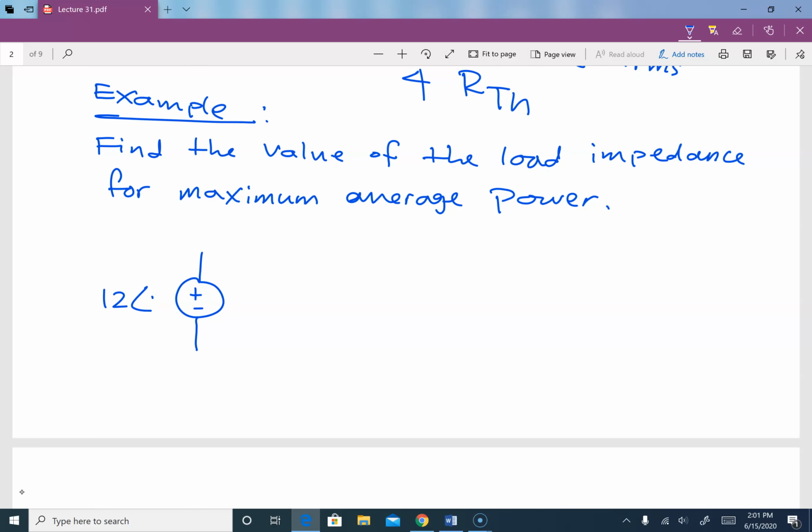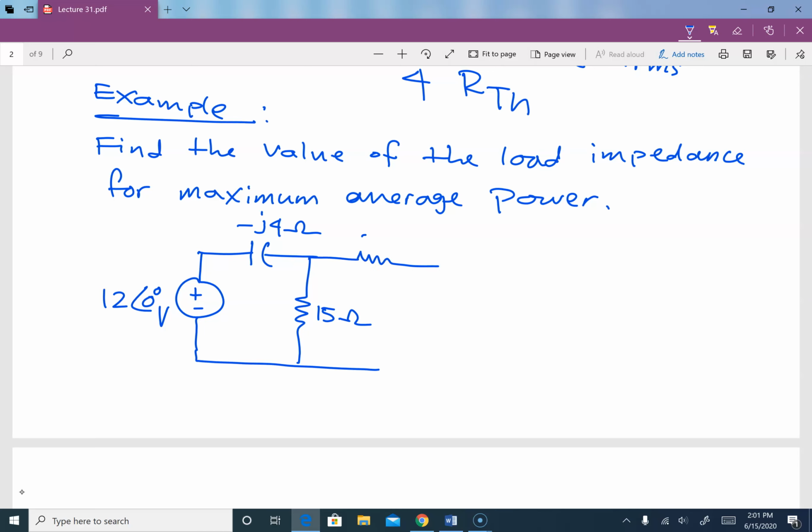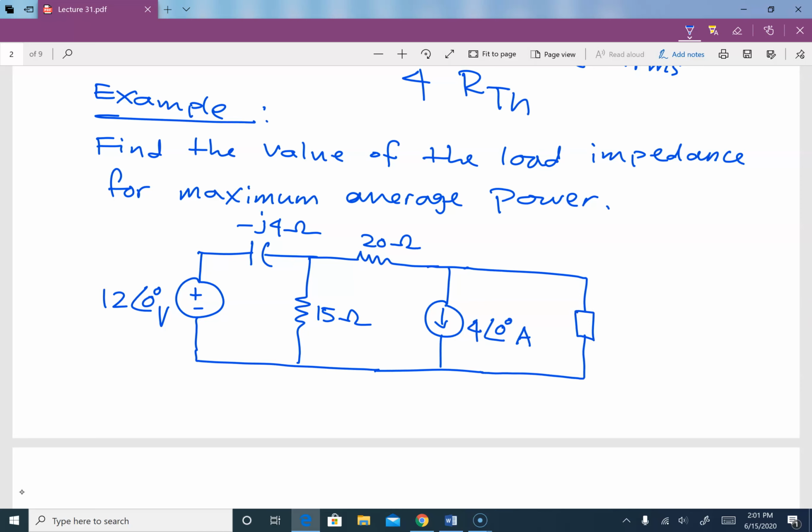That is a 12 with angle 0 volts source, negative j4 ohm, 15 ohm, 20 ohm, a 4 with angle 0 ampere current source, and this is our ZL.